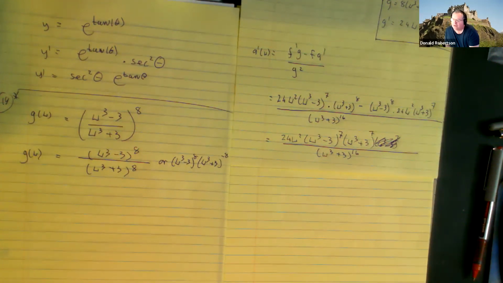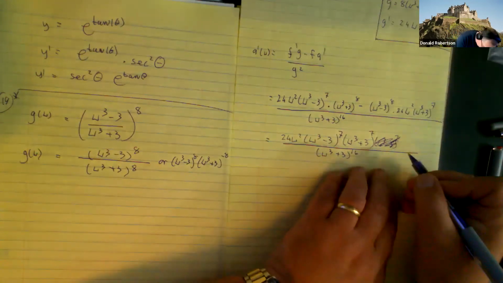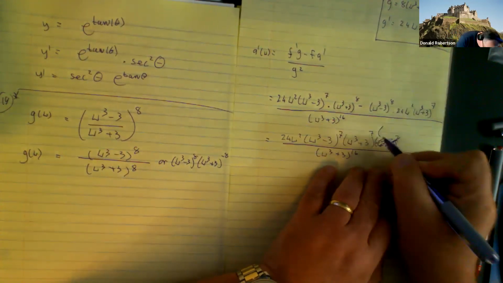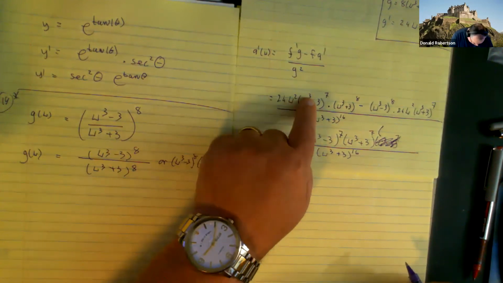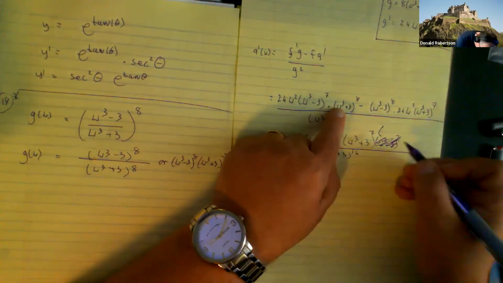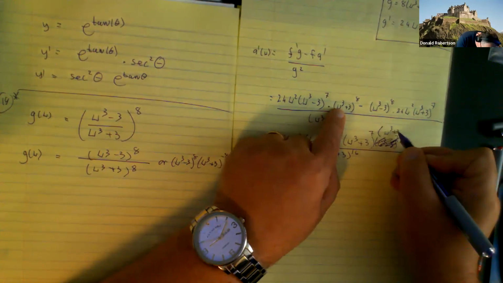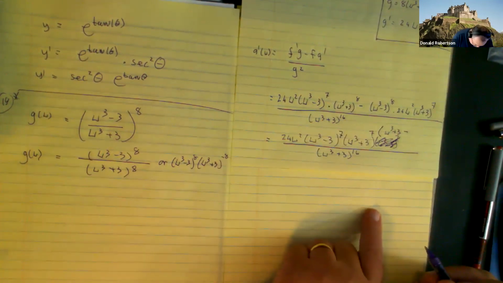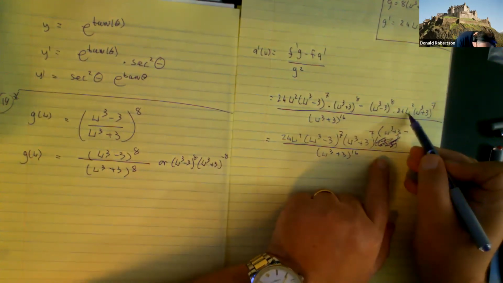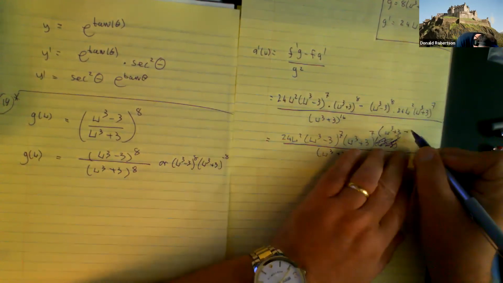So hopefully it should tidy up reasonably nicely. Wish that wasn't there, so I'll stick it up here. Used up, used up, used up. One of them left. So there's a u cubed plus 3. Right. Take away. Used up, used up, used up one of these guys.